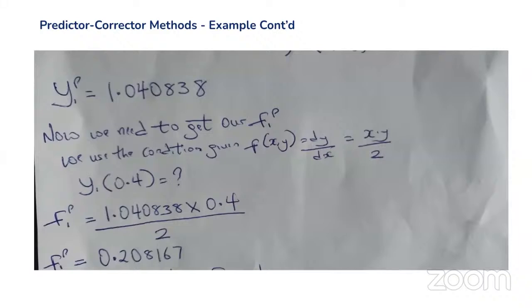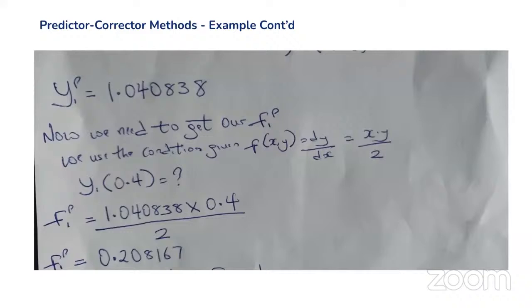So now we're going to look at our condition again, which is f is a function of x, y, which equals dy/dx, which equals x times y divided by 2. So now we'll just insert the value of x that we're given, which is 0.4. Because right now, what we're trying to do is first solve using the predictor's formula, which is also a solution.